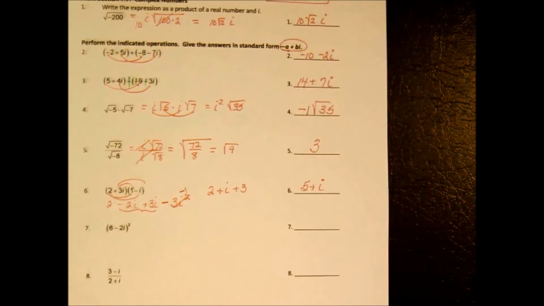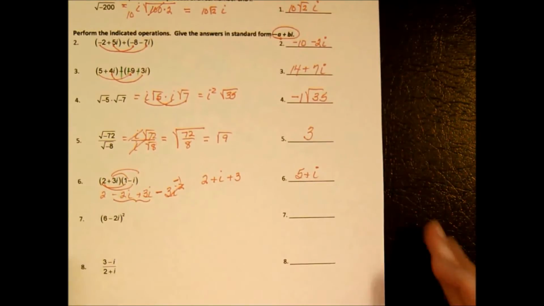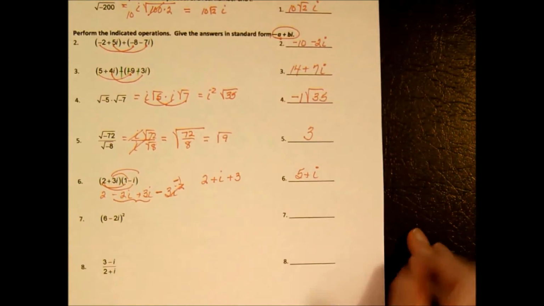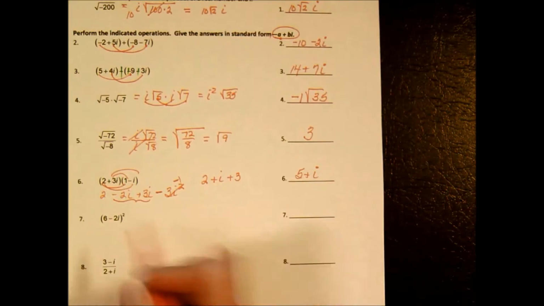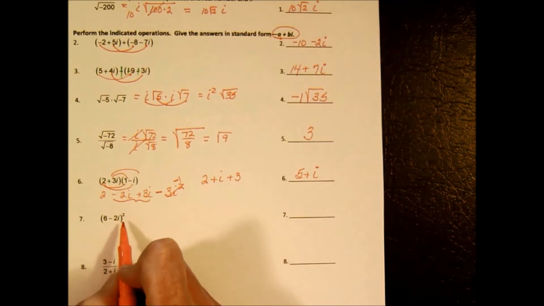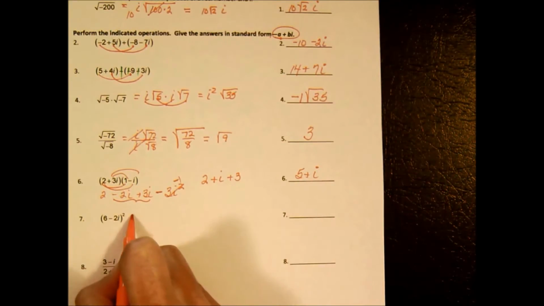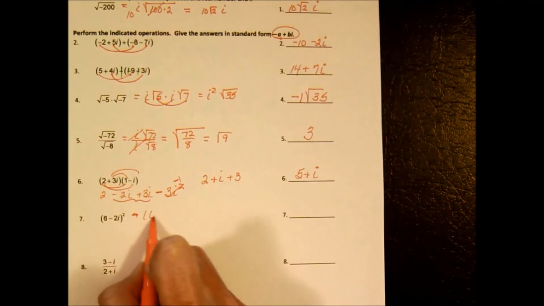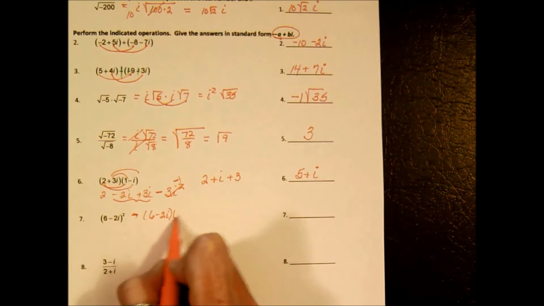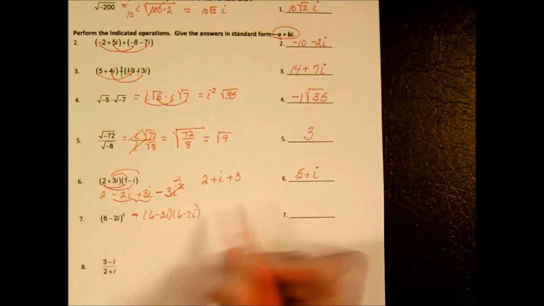So there's a little bit more putting together here than when you are multiplying binomials. Here we want to do the same thing we always do when we see an expression squared. We want to write it twice. So 6 minus 2i, 6 minus 2i, and now you want to FOIL.